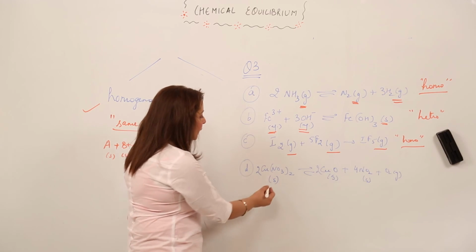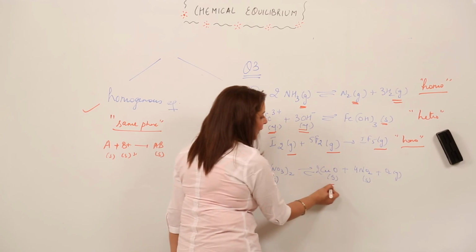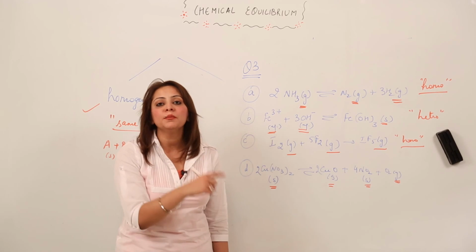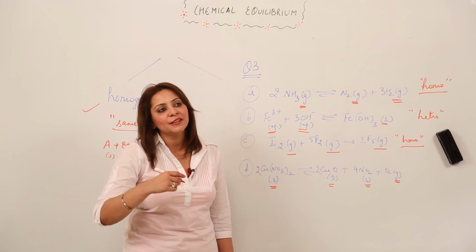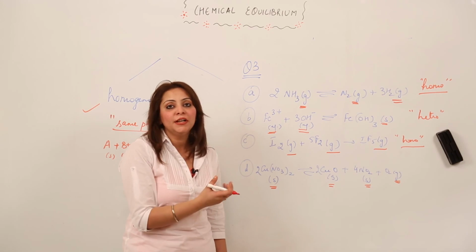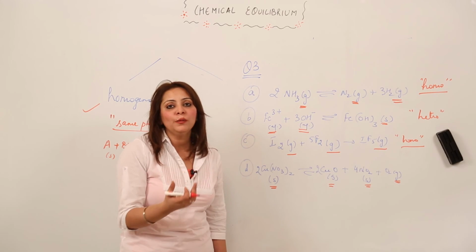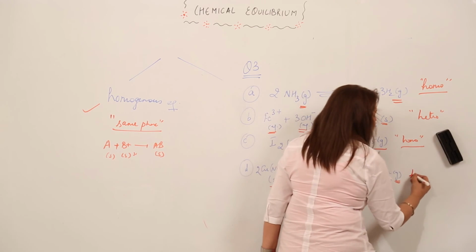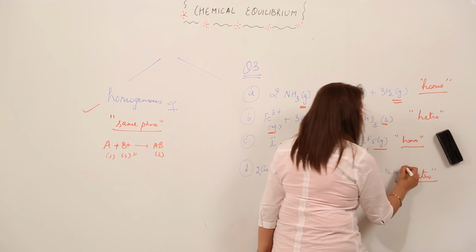The fourth one, this is solid, solid, but gas is there. Three components are solid, but one component is gas. So we get to see more than one component which is not similar to the other, we see two phases, and that implies again it is a heterogeneous equilibrium.